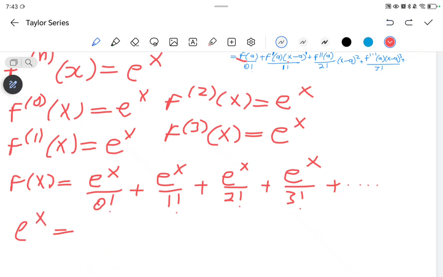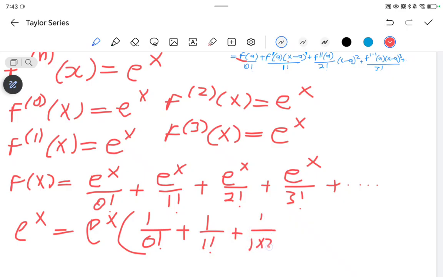I can have e to the x here. Inside I'll have 1 over 0 factorial plus 1 over 1 factorial plus 1 over 2 factorial plus 1 over 3 factorial plus and so on.